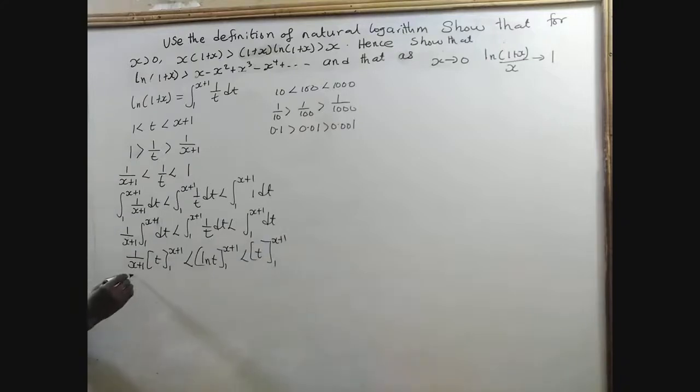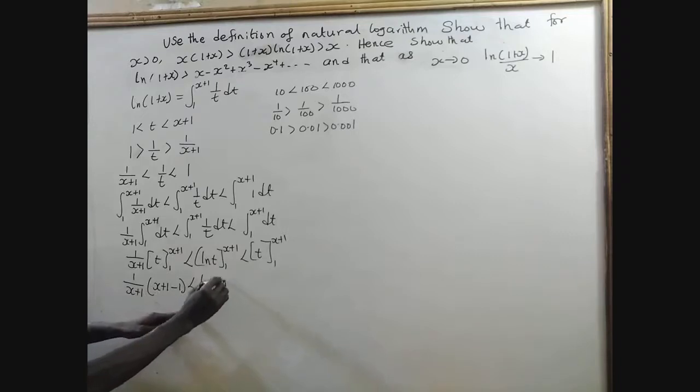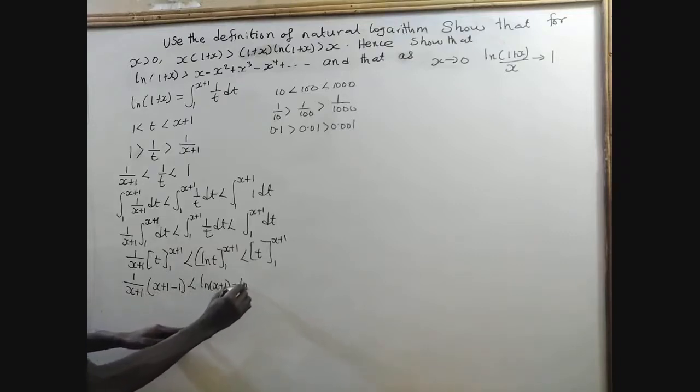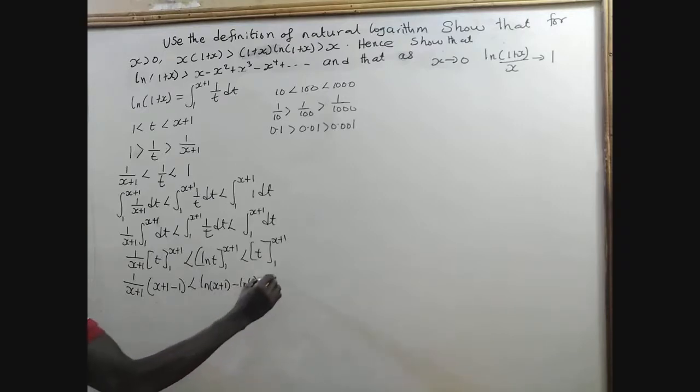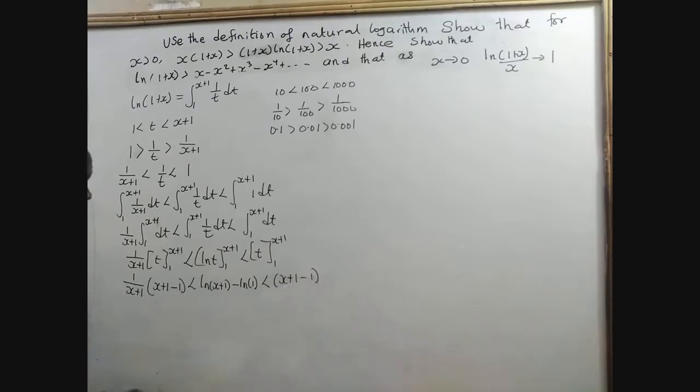So now you have 1 on x plus 1 times upper limit minus lower limit, less than natural log of upper limit minus natural log of lower limit, which is less than upper limit minus lower limit.